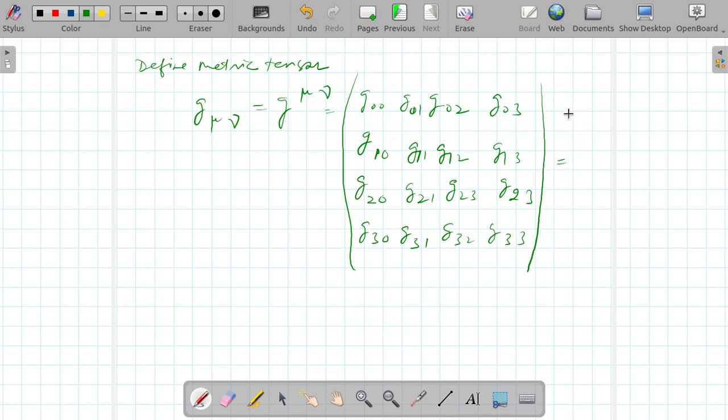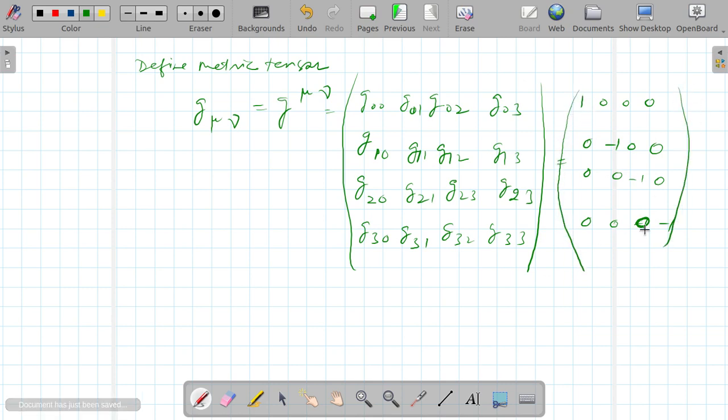And it must be equal to the matrix 1, 0, 0, 0; 0, minus 1, 0, 0; 0, 0, minus 1, 0; 0, 0, 0, minus 1. This is how this metric tensor is defined.